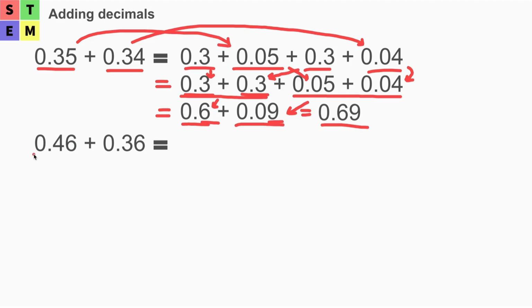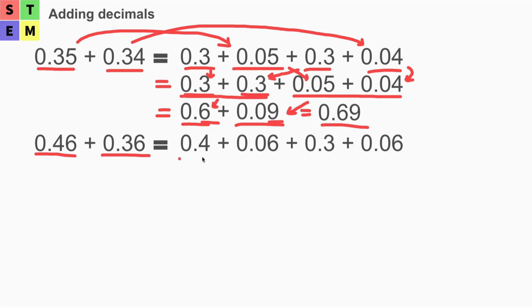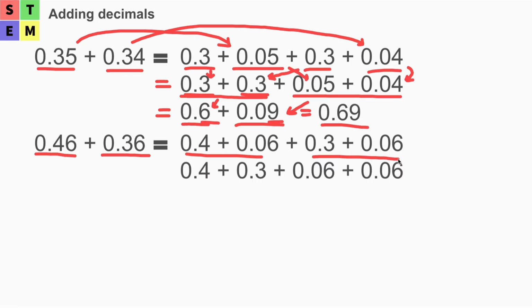We got 0.46 plus 0.36. Okay, 0.46 plus 0.36. So what we're gonna do, first step, same. Separate them into two, okay? And then the next step, also the same.